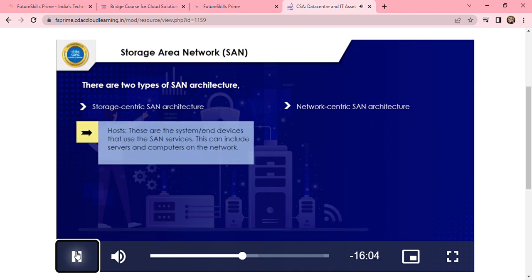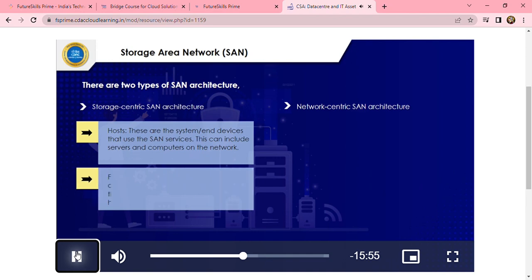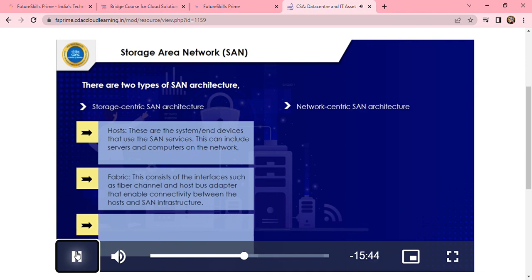Hosts. These are the system/end devices that use the SAN services. This can include servers and computers on the network. Fabric. This consists of the interfaces such as fiber channel and host bus adapter that enable connectivity between the hosts and SAN infrastructure. Storage. This is the physical storage drives.